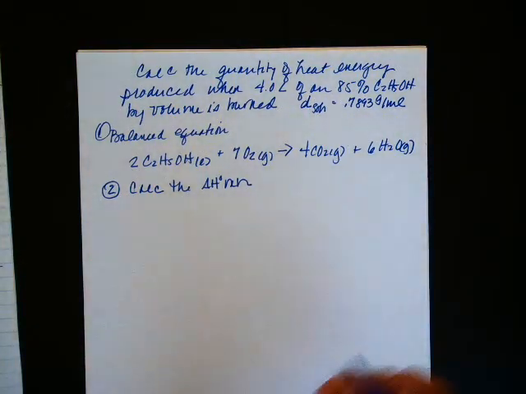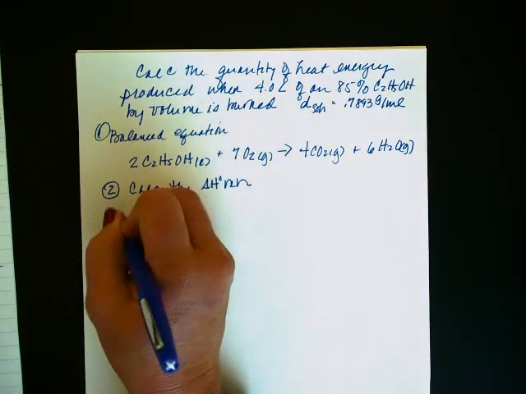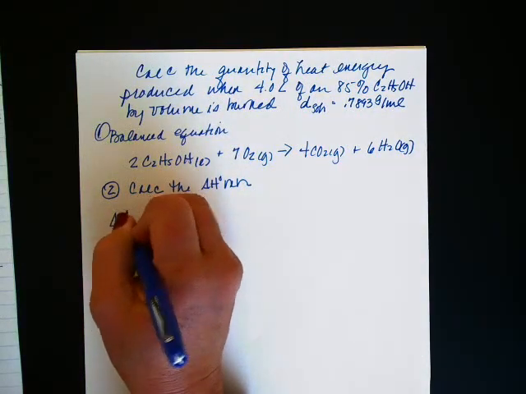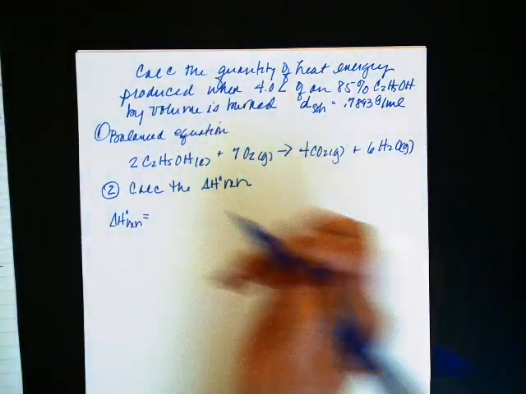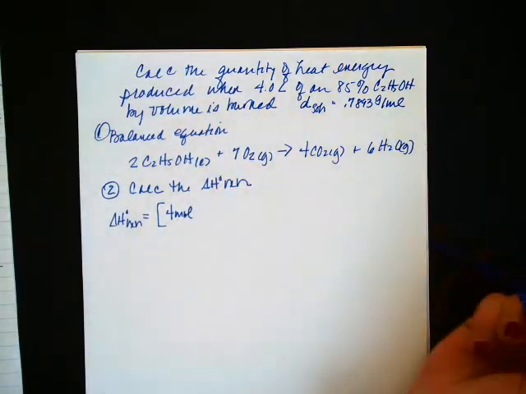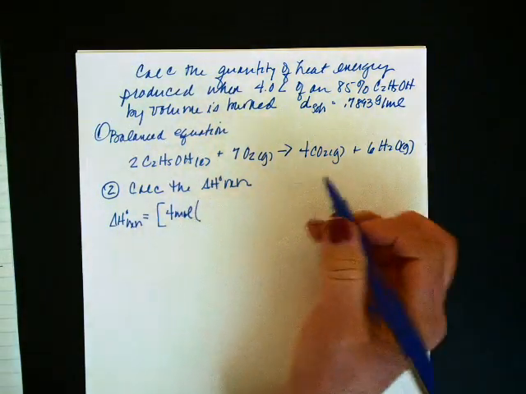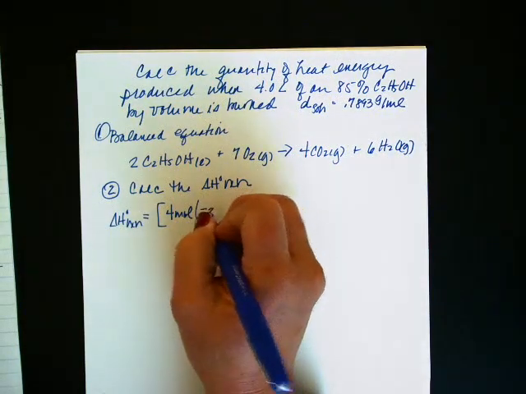So we have to look up those values. We have 4 moles of CO2, and I looked up the standard heat of formation for CO2. It's minus 393.5 kilojoules per mole.